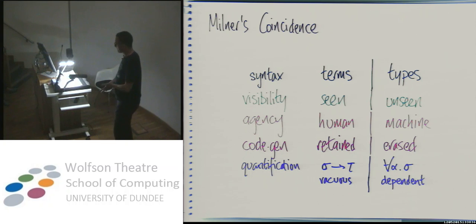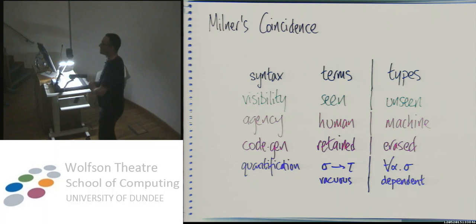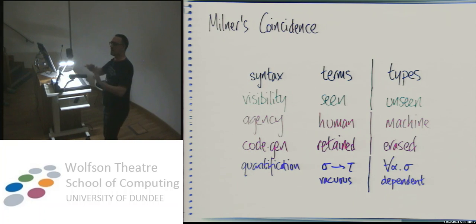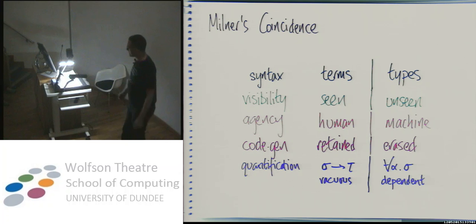And then in terms of what you see in your program text, that was very carefully engineered so that what is seen is just the terms, and then the unseen things, they're not in the program text, that's the types.